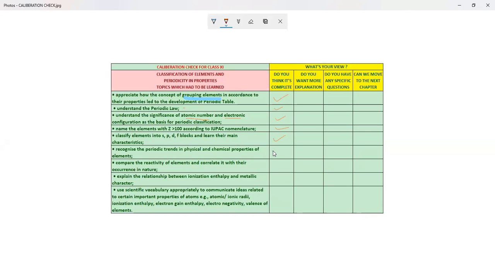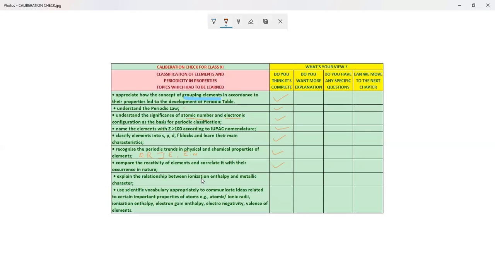like how atomic radius varies, how ionization energy varies, how electron affinity varies, electronegativity, and so on. Then compare the reactivity of the elements and correlate it.